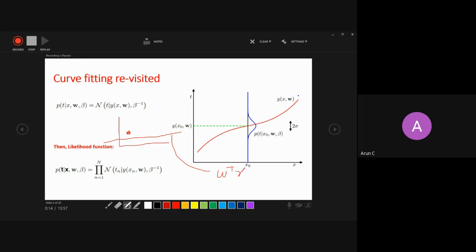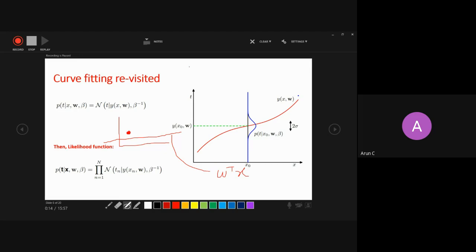Once you give me this general form of an equation, w transpose x, then you are asking me what is the probability of this point. To calculate the probability of this point, I will take this w as my mean, and you know the Gaussian distribution formula.